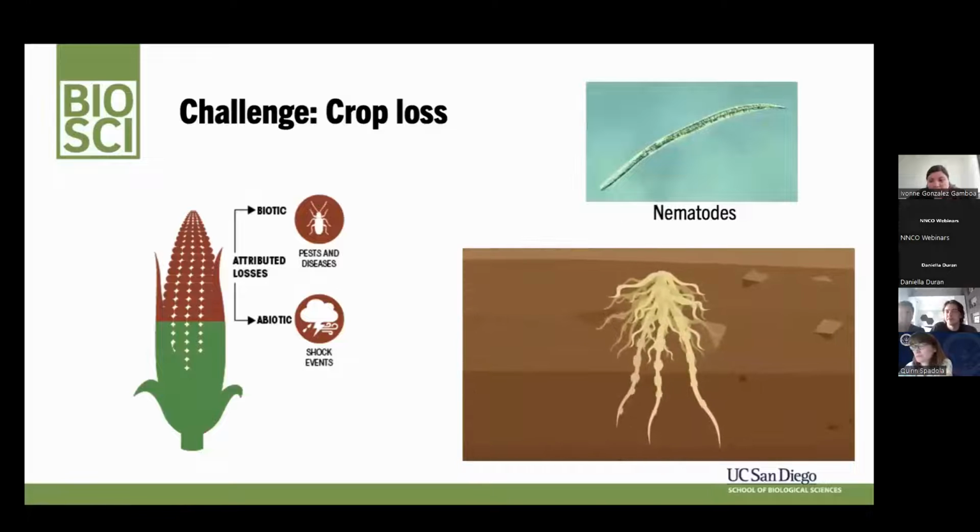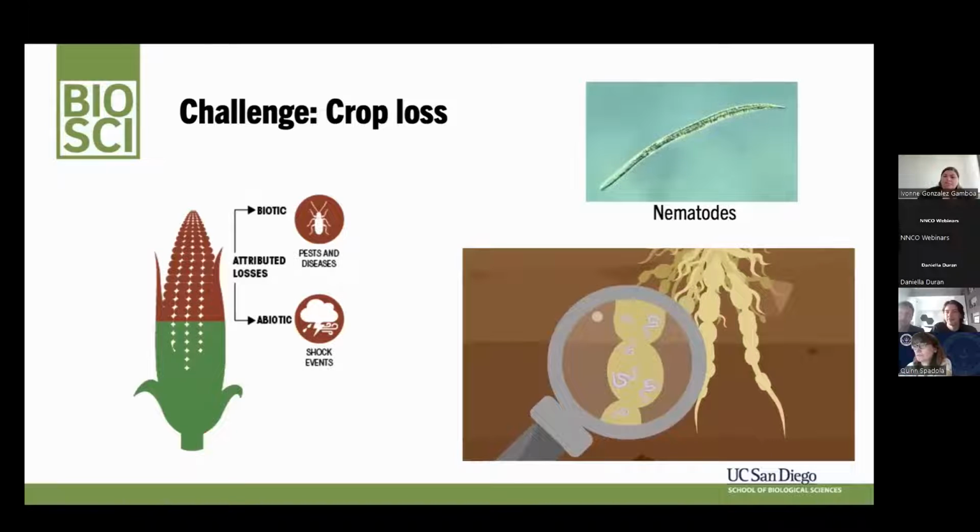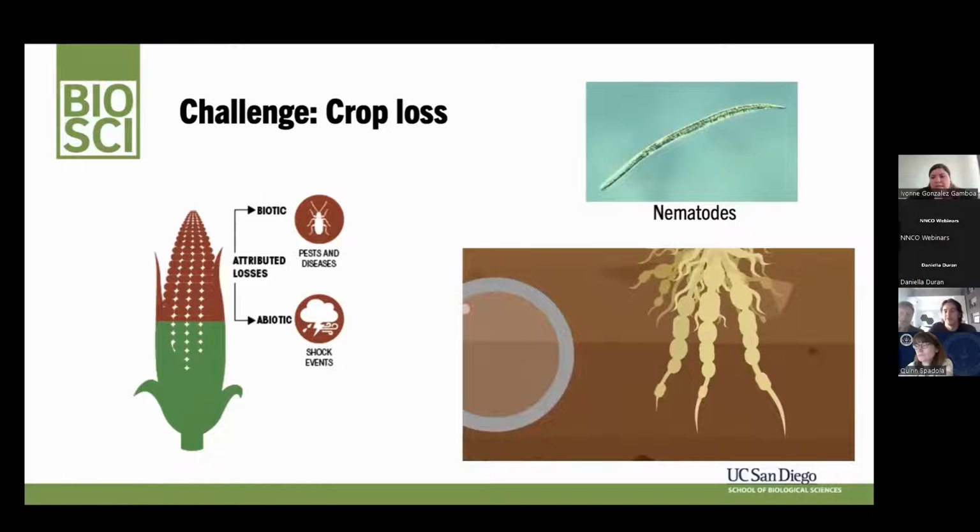These plant parasitic nematodes are a major burden to the global agricultural industry, and they cause around a $157 billion loss per year in crop production worldwide. The nematode that I'm showing here is the northern root-knot nematode, and it's one of the most damaging and widely spread nematodes.